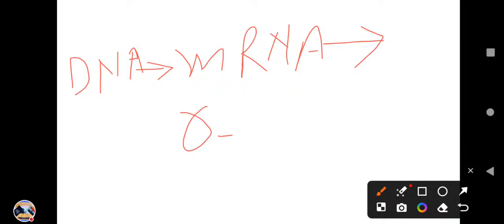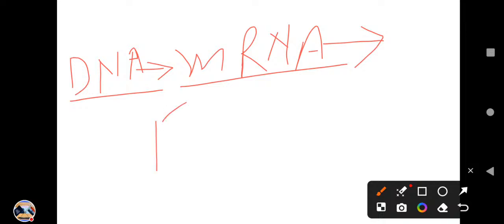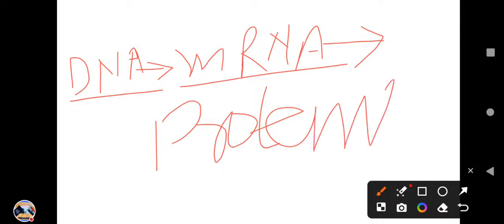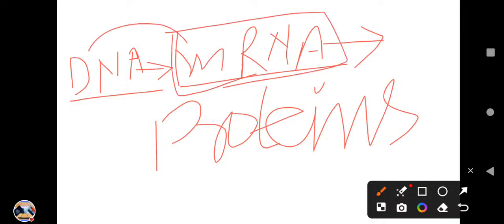Or you can simply define it as: mRNA carries genetic information from DNA and transfers this information to proteins. So you should remember it very easily.